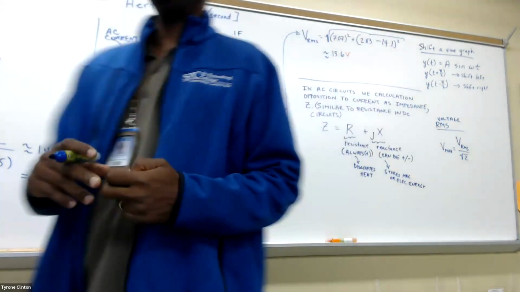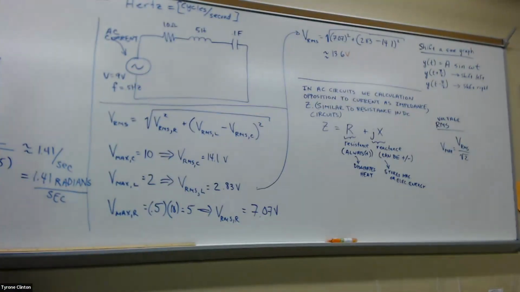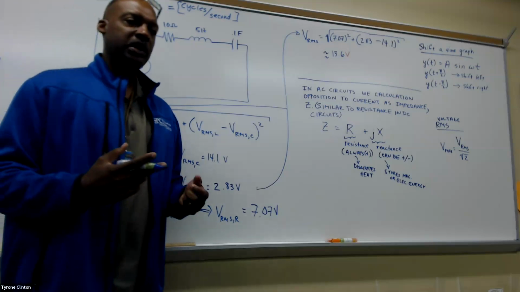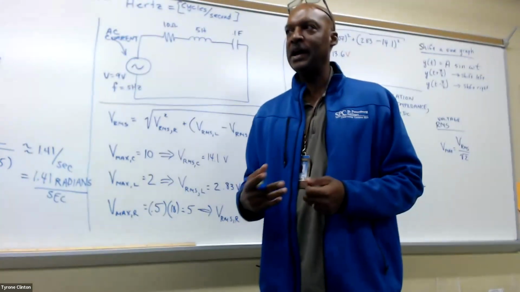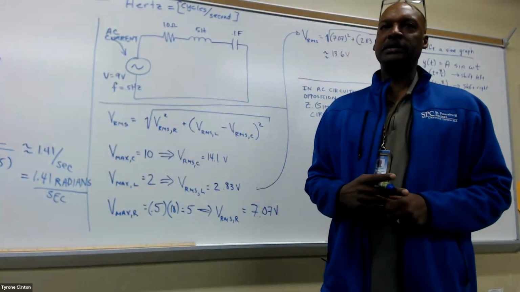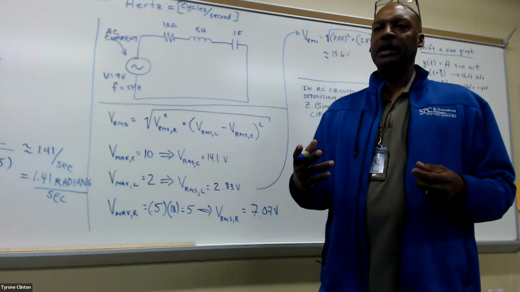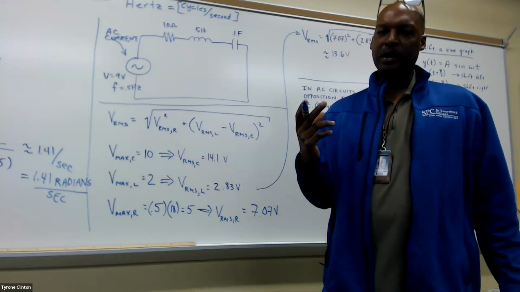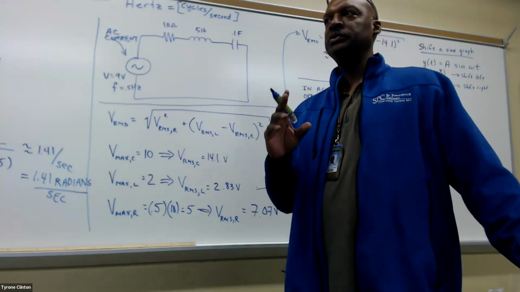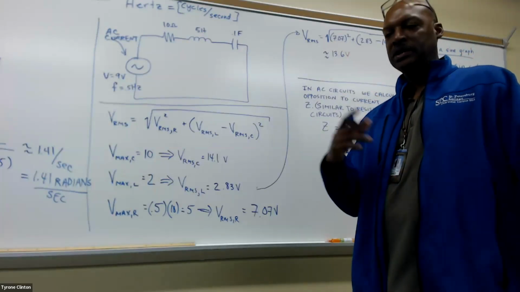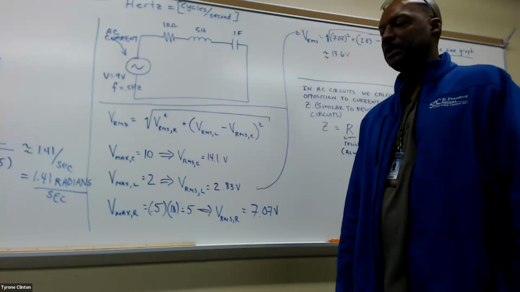When we create a DC circuit, we're going to want to know a lot of times how much power we want to pump out. So if we have a lamp or a light bulb, we want a certain wattage to go to that light bulb, so obviously it's as bright as we need it to be.